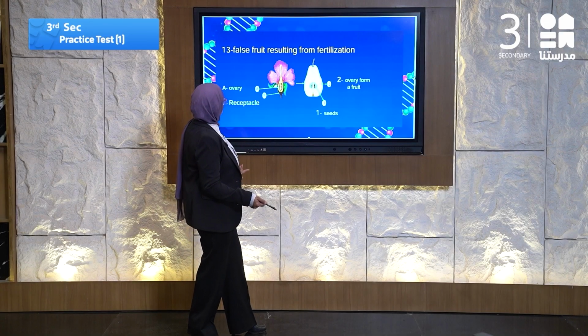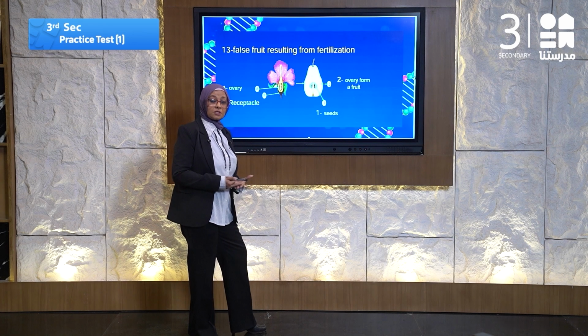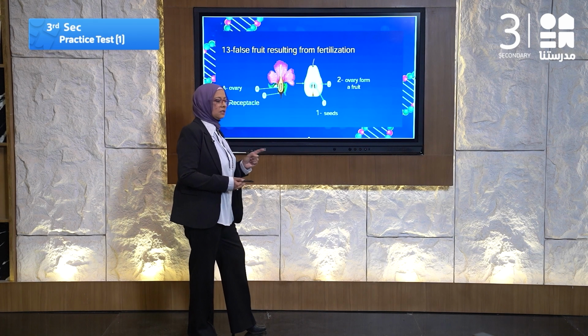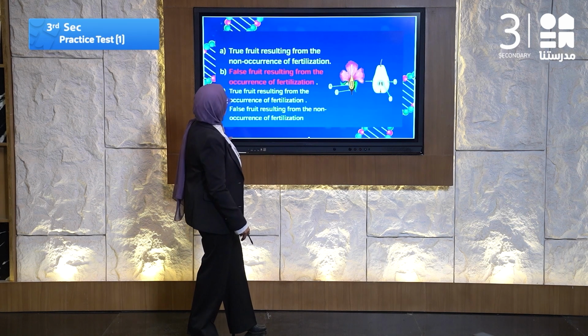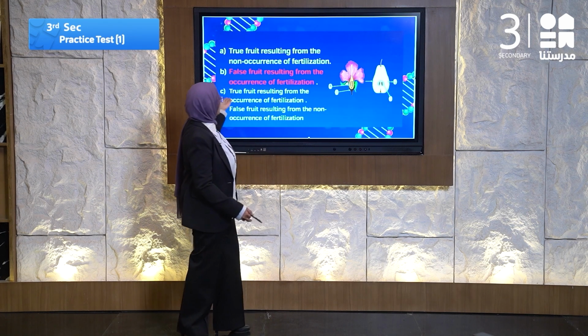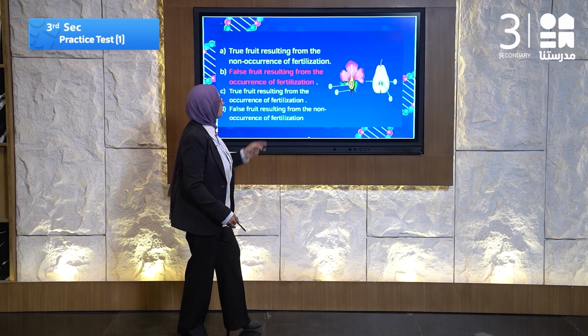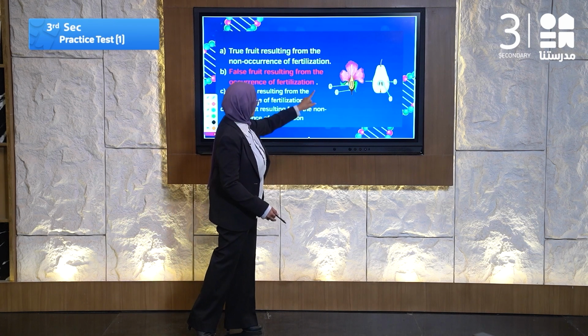That means it's a false fruit. False means not real. So the best description is false fruit resulting from the occurrence of fertilization, because fertilization occurs inside this fruit, inside this flower.